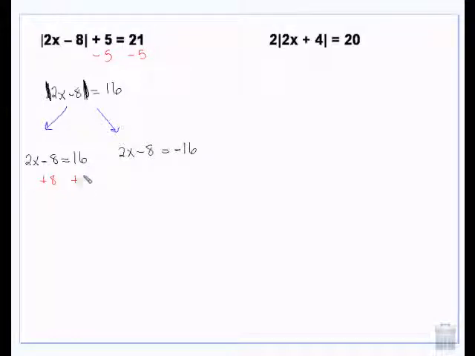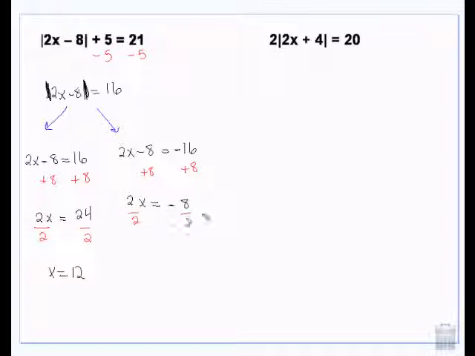So I'm going to add 8 to each side here, and I get 2x equals 24. Divide by 2, x equals 12. Add 8. 2x equals negative 8.